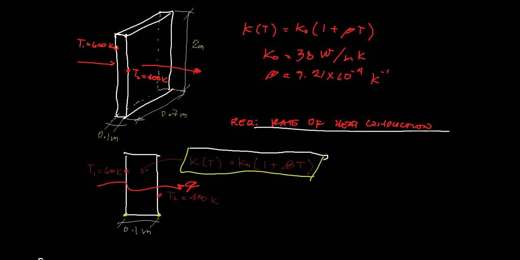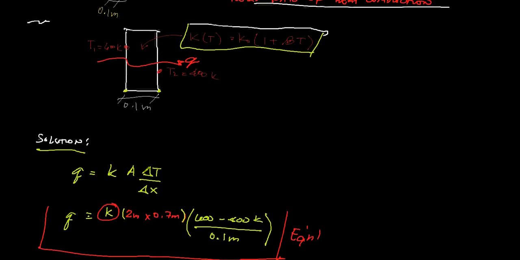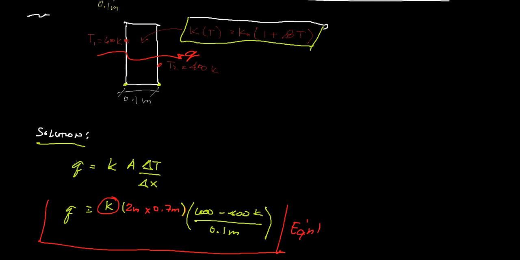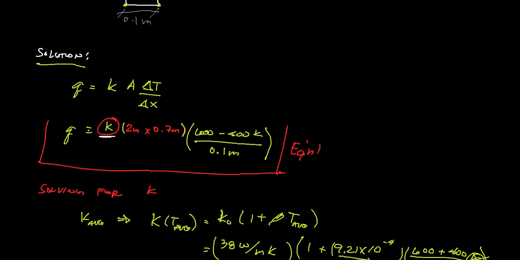After representing our problem through the illustrations, we can proceed to our solution. Since we need to determine Q, we use Fourier's law, which is Q is equal to K A delta T over delta X. Then we substitute our given values, but we need to find the value of K to complete our equation.